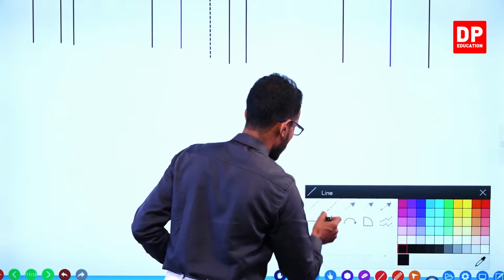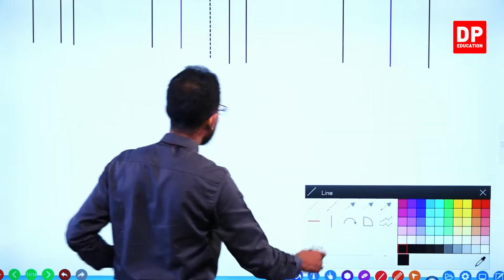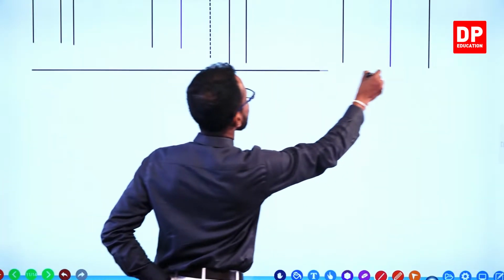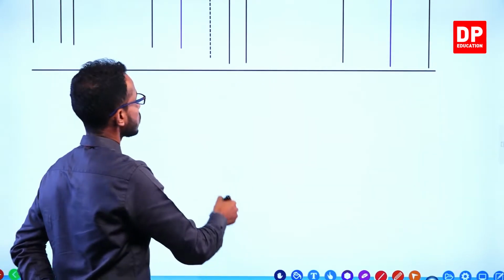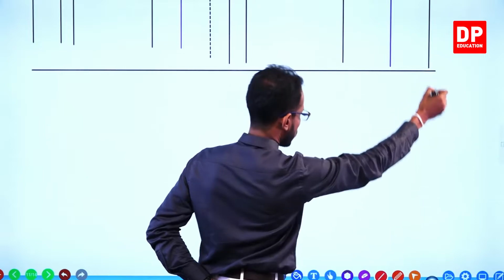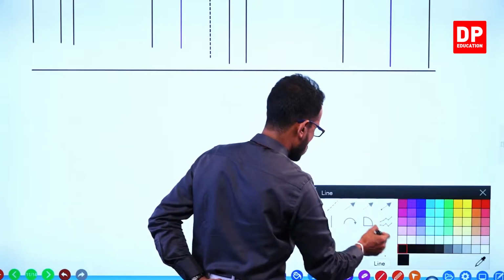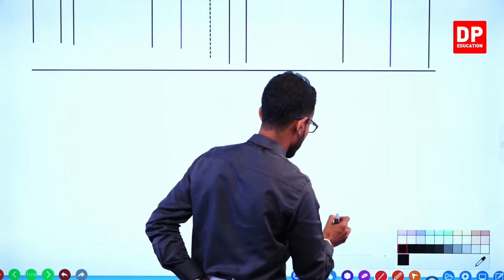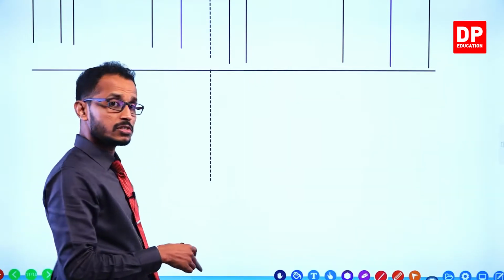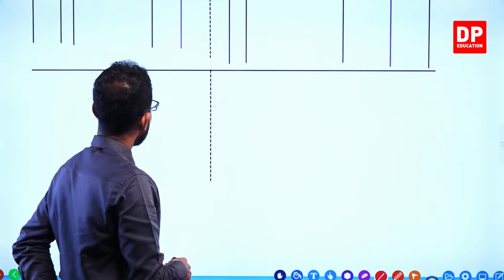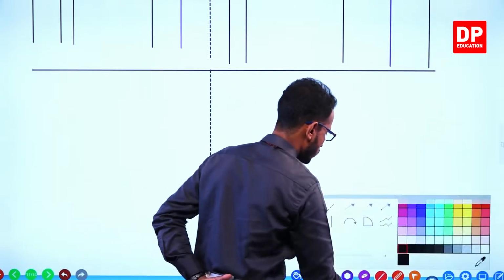Having said that, I can start drawing the bank book. The T format first, all right? Divide the debit and credit sides.